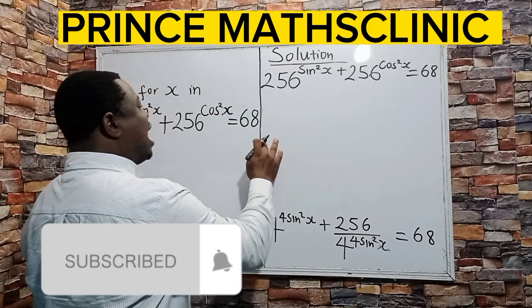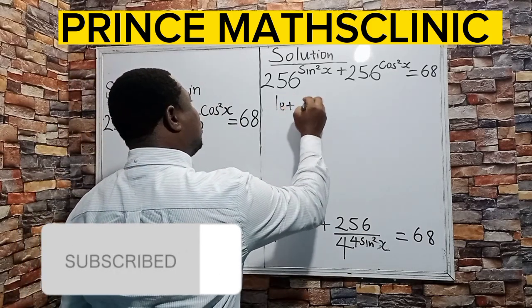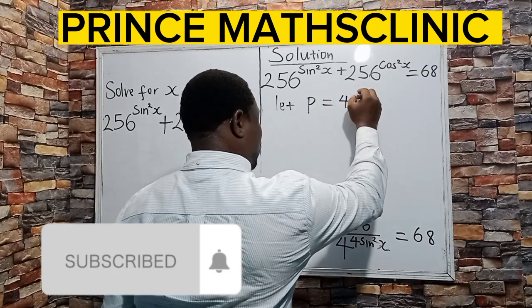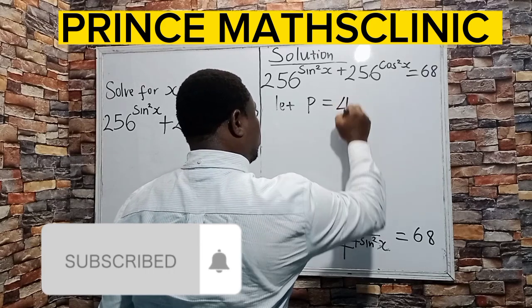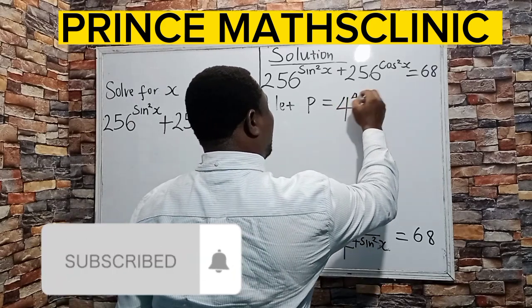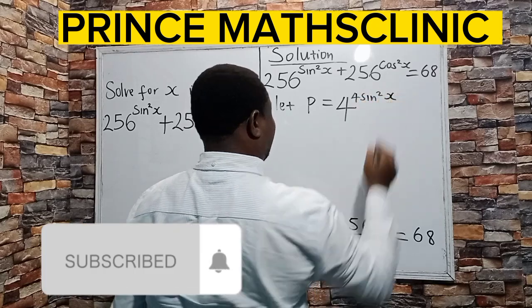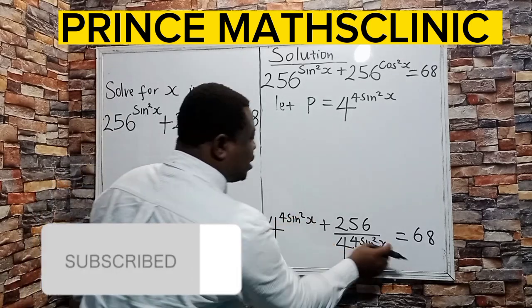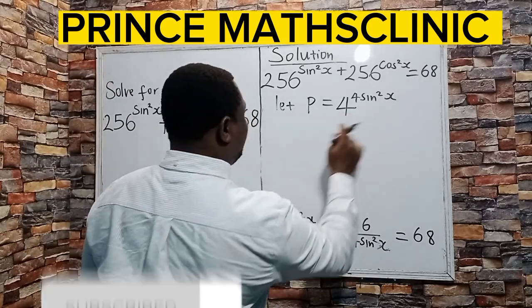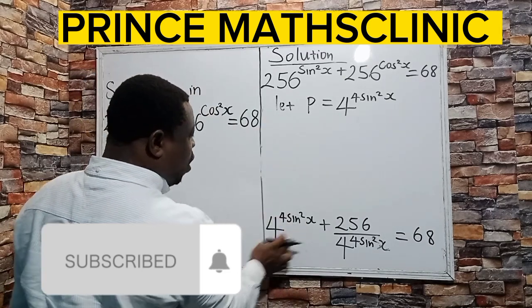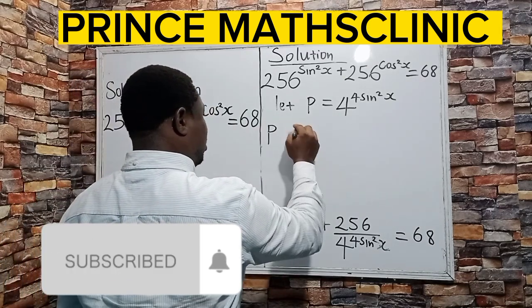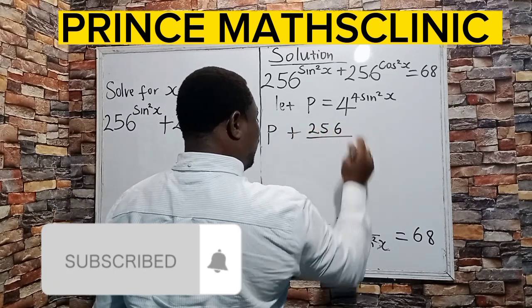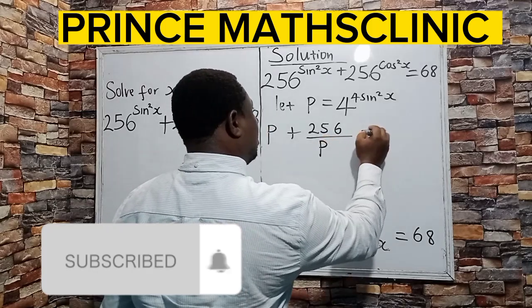Now I can say that let p be equal to 4 to the power of 4 sine square x. So everything 4 to the power of 4 sine square x will now be replaced with p. So what do I have? All of this means p, then plus 256 over p, equal to 68.